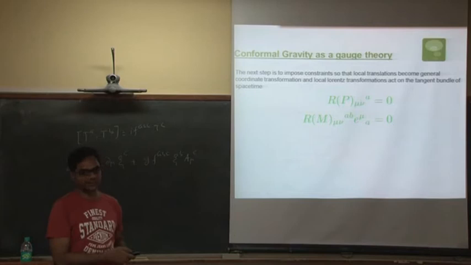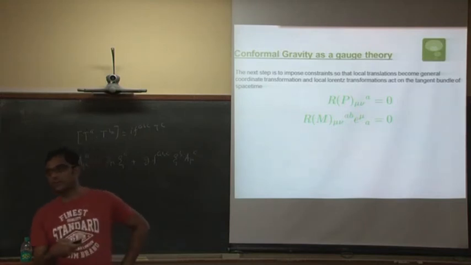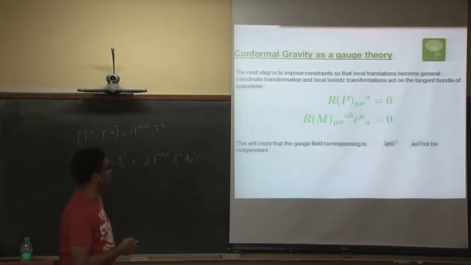These are called conventional constraints. So the curvature associated with P, you set it to 0, and the curvature associated with M, after contracting with the inverse vielbein, you set to 0. Once you do this, the vielbein becomes invertible, and then you can impose these other constraints. These constraints will serve the purpose you want.